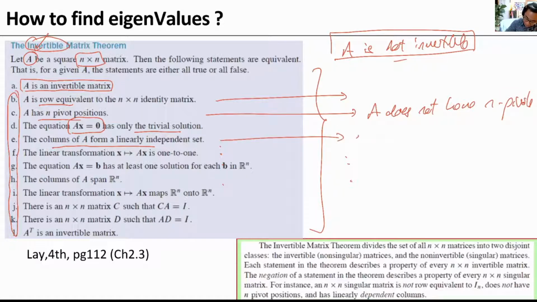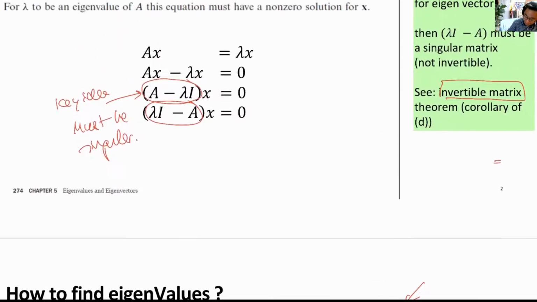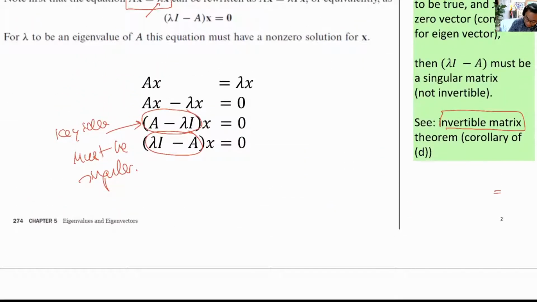The columns of A form not a linearly independent set, and so on and so forth. So it's a negation of all these statements. We're interested in this matrix being not invertible. Okay, because remember in the past we want this matrix A minus lambda I or lambda I minus A to be not invertible.